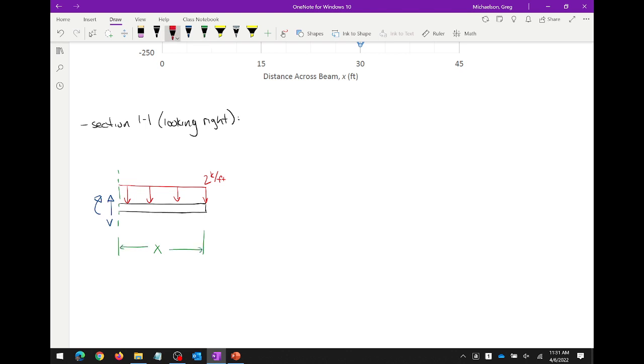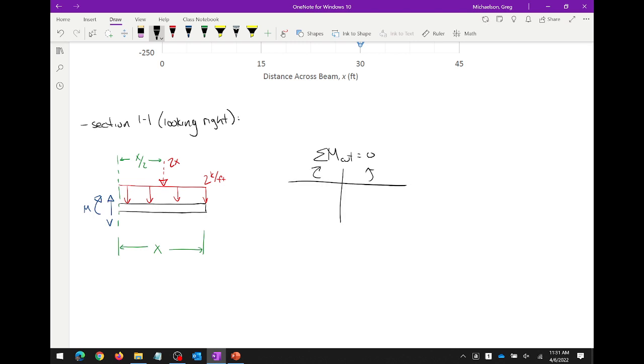All right. What do I do with that distributed load? I collapse that into a single point load. How much is that point load? This is x over 2, right? With me so far? So we sum moments. Oh, I need to put my M right there. We sum moments at the cut.